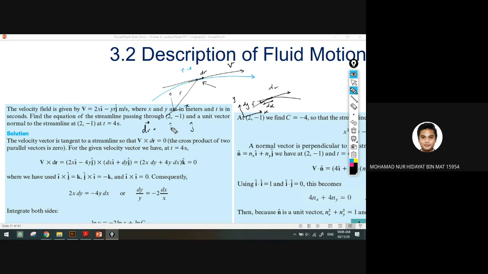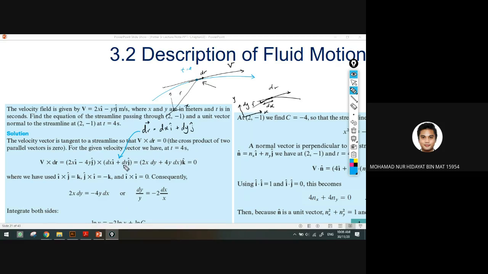The I component refers to the change in dx direction, and the j component to the positive dy direction. So from this equation, we substitute into this equation.